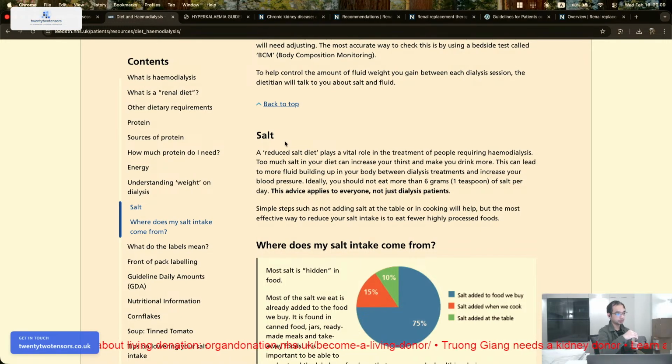One of the things to avoid this is to take the Renvela. It's a phosphate binder. It will prevent the phosphate from being absorbed into your muscle and your cells. It will keep the phosphate in the blood so that the machine can filter it out.